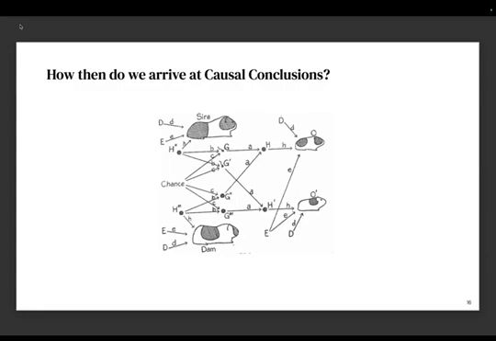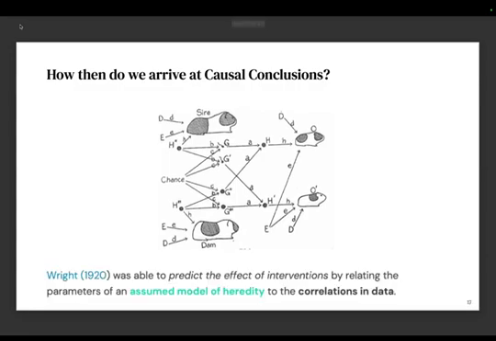The picture you see here relates different variables together and assigns, in this case, certain coefficients to each one of these edges. So this is his own understanding of how transmission from one generation occurs in, let's say, a coarse qualitative sense, right? And he was able to relate the correlations in data with the coefficients that he imposed on this model to get a unique prediction for the effect of intervention.